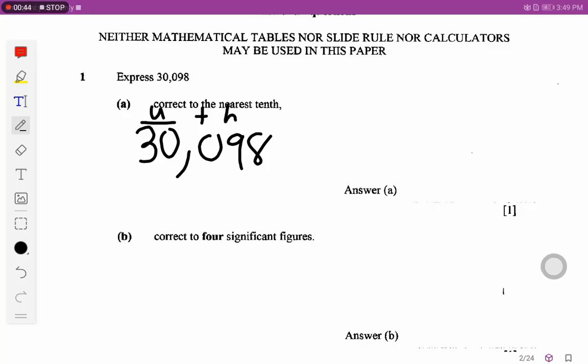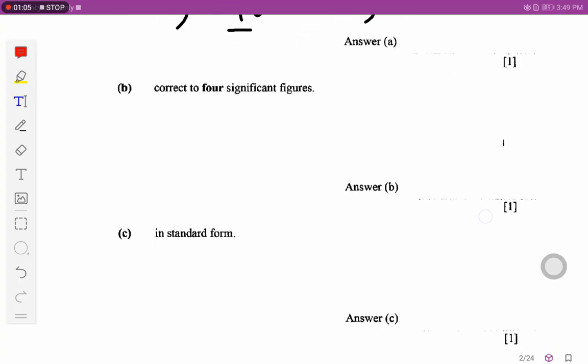So what you do, you go to your hundredths there and check if it is a number which is 5 and greater. When it is 5 and greater, then you change 0 to 1. So our answer will be 30.1. This is a tenth value there. That's how we answer that one.